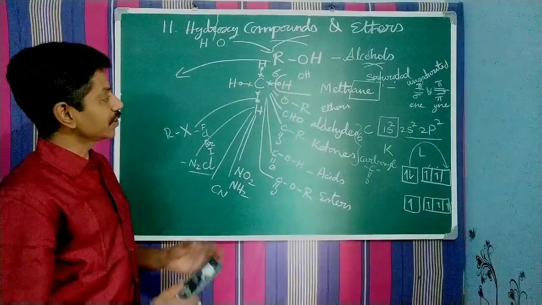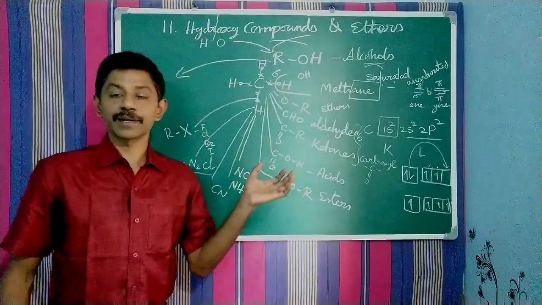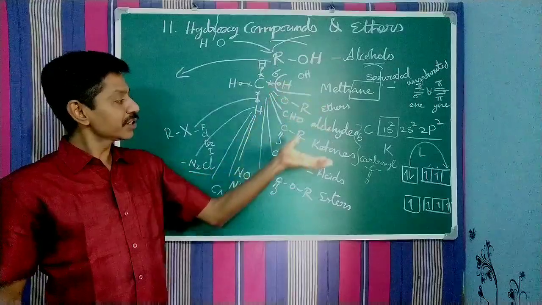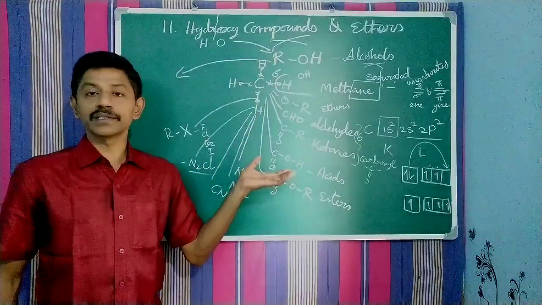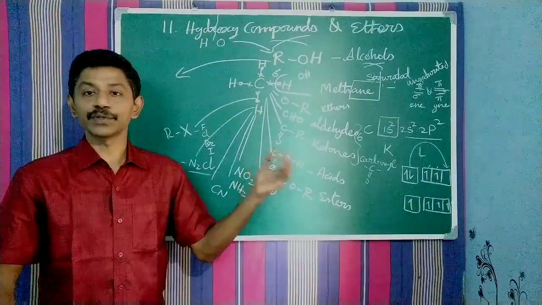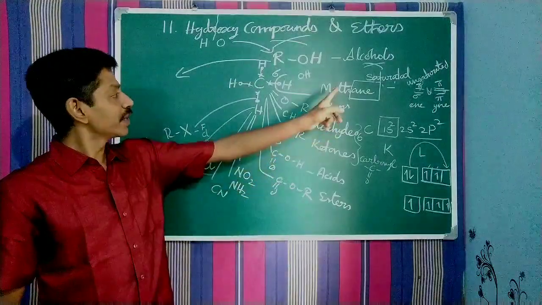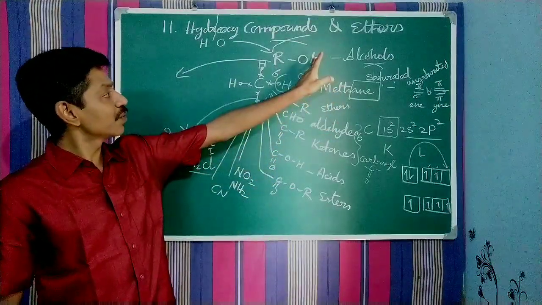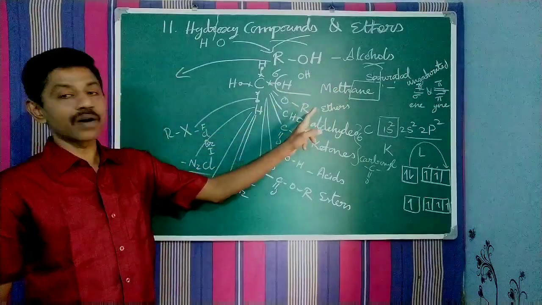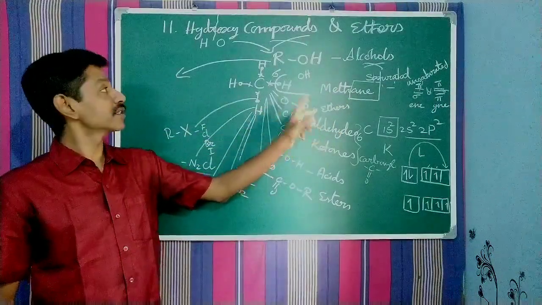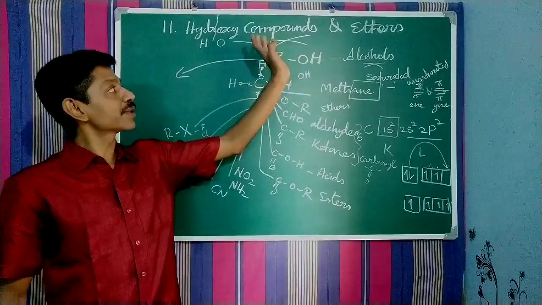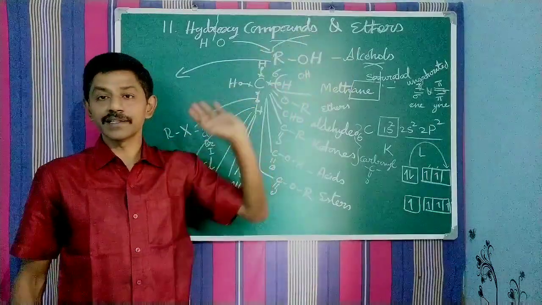As I told you in the beginning, in the introductory class for chemistry, the functional groups are classified into different units. So when we talk about alcohols, OH as the functional group, and OR added in the place of hydrogen, then we talk about today's topic, that is hydroxy compounds and ethers.